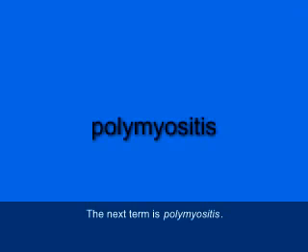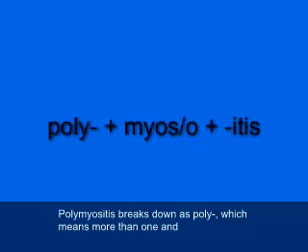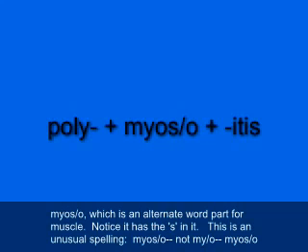The next term is polymyositis. Polymyositis breaks down as poly, P-O-L-Y, which means more than one, myos/o, M-Y-O-S-O, which is an alternate word part for muscle. Notice that it's got the S in it. This is an unusual spelling. Myos/o, not myo.